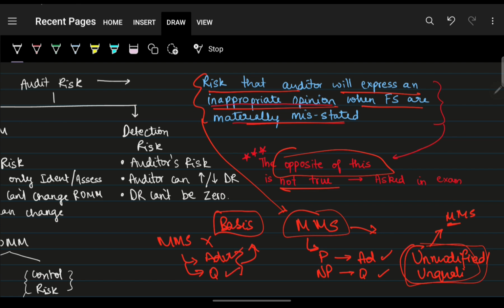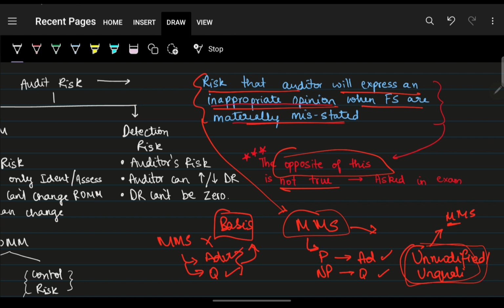Right. So you cannot just hand out these adverse opinions and qualified opinions as per his whims and wishes. Right. So in this case, obviously those charged with governance and the management will ask the basis for that qualified or adverse opinion, right? So that's why the opposite of this is not true.